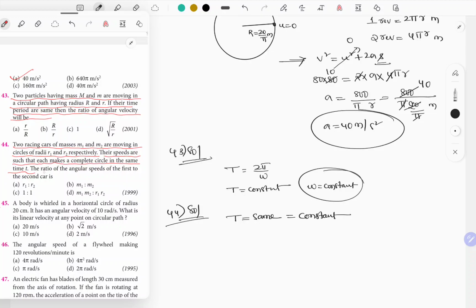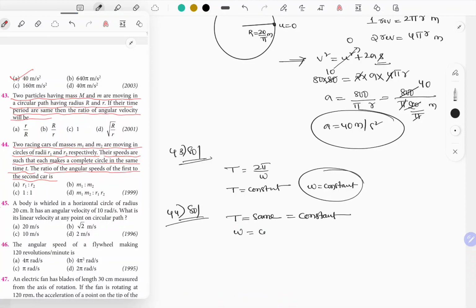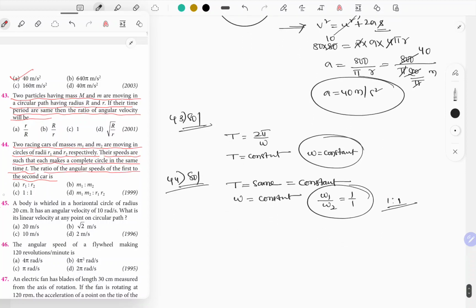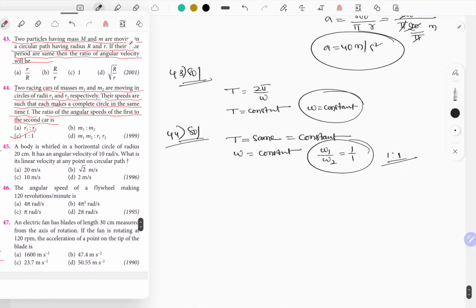Then they are asking the ratio of angular speeds of first to second. Again, as T is the same, omega is the same, then the ratio omega 1 by omega 2 is equal to 1 by 1. 1 is to 1 is the ratio. Option C is correct.